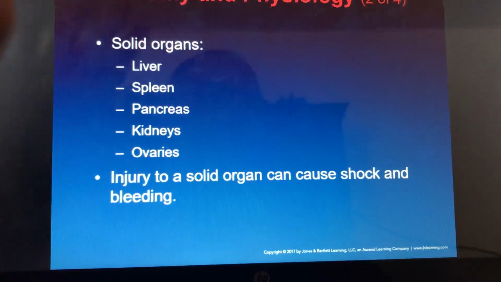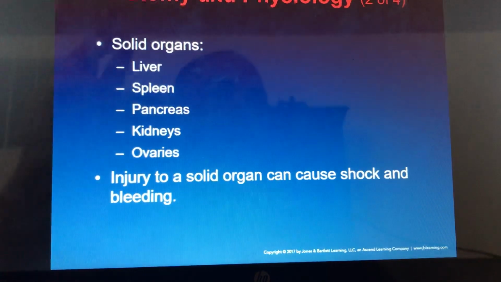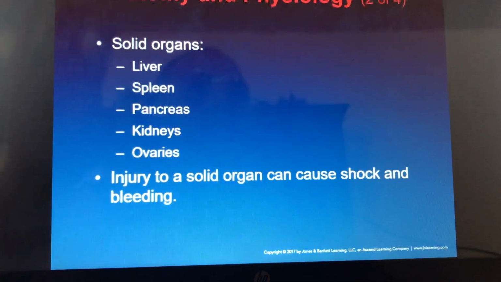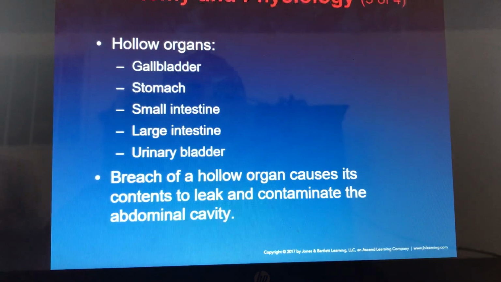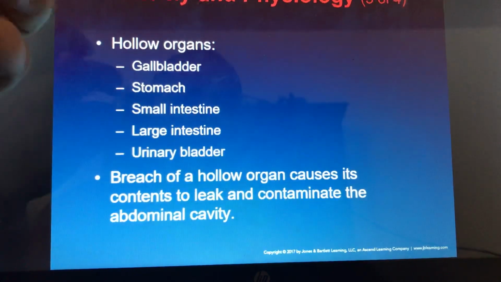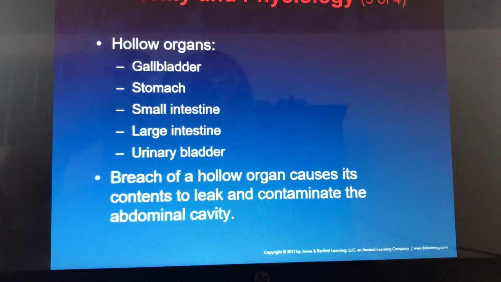The thing about the abdominal cavity is it's a big, huge space. You can hide a lot of blood very easily without having any real signs and symptoms of it. So one of the things we'll look for when we talk about shock trauma again is abdominal bleeding from blunt force trauma. These are your hollow organs. What you're really worried about with these is that they're pouches. They hold things, and since they are pouches, they can rupture.